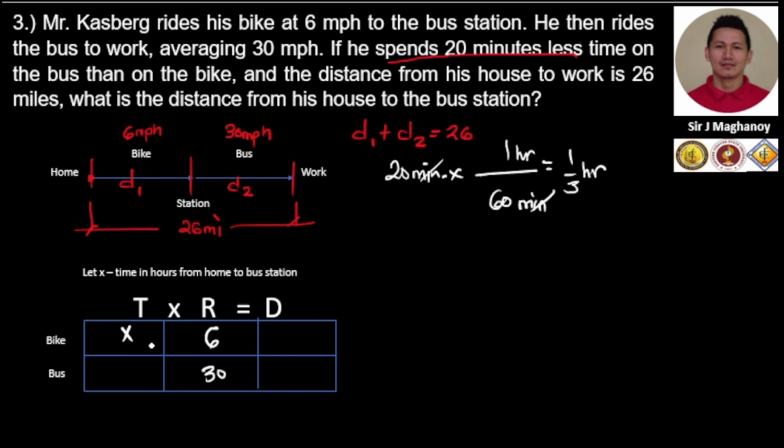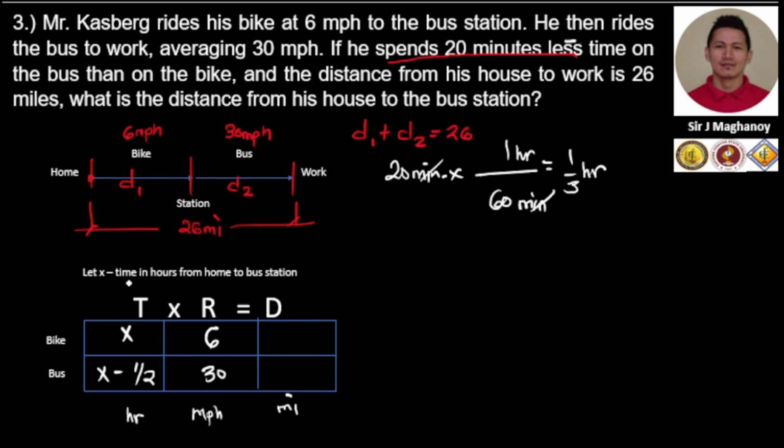If we write our equation, what is less? That is minus. Therefore, our parameter here is x minus 1/3. Do not write 20, you'll be wrong. You need to convert 20 minutes to hours first, because the rate here is in miles per hour, the time is in hours, and the distance is in miles, unless it's a different matter.